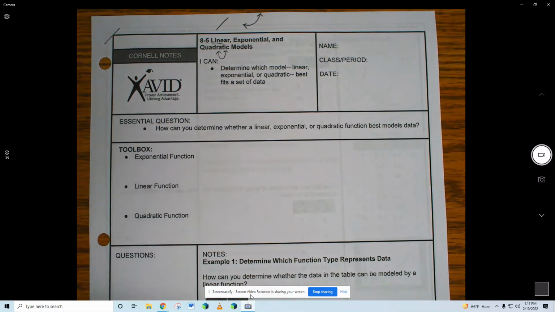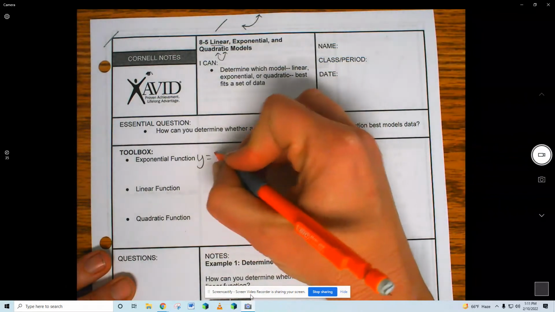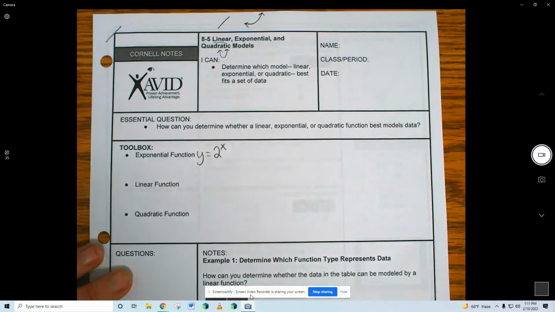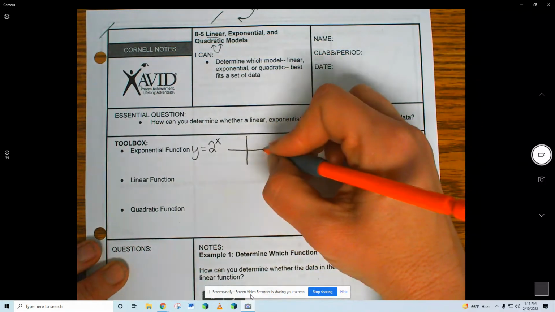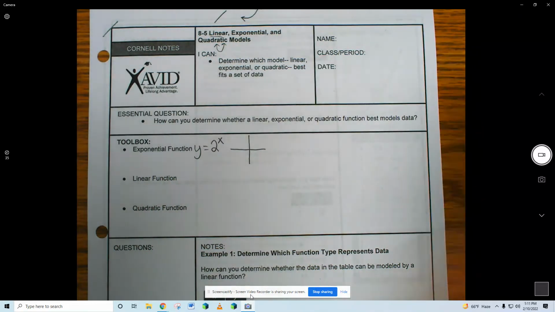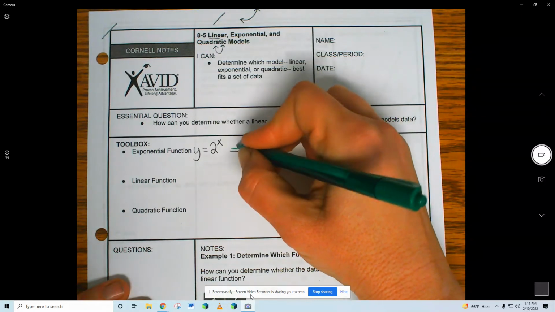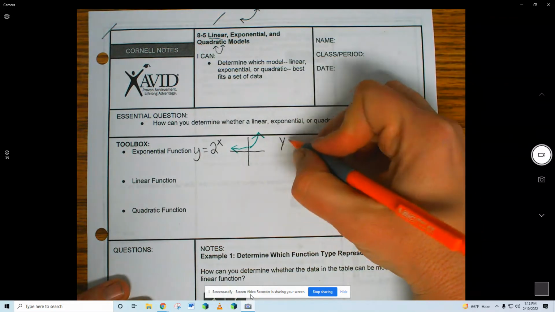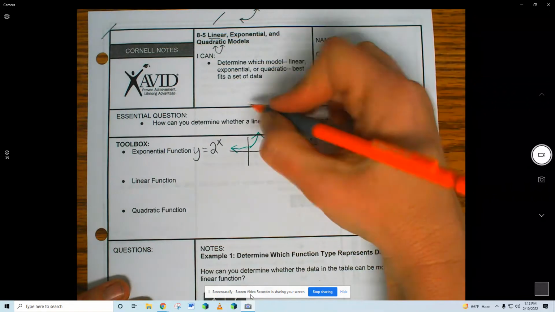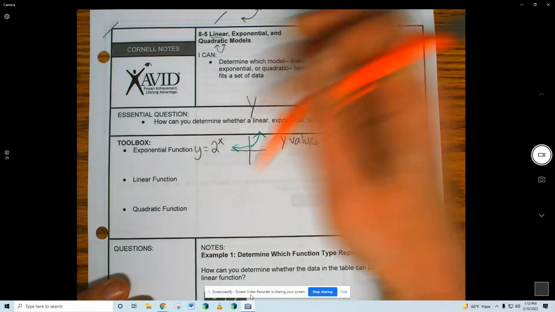So here's what we've got. An exponential function means y equals like 2 to the x, or something raised to the x power. It looks like this. And my y values, it's all about the y values, because you know it's all about the y values, right?